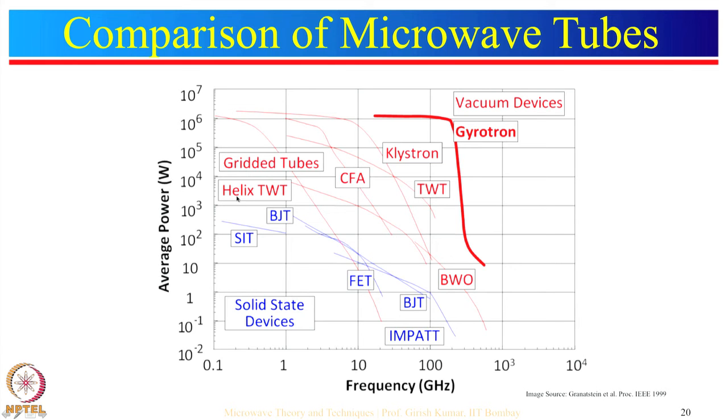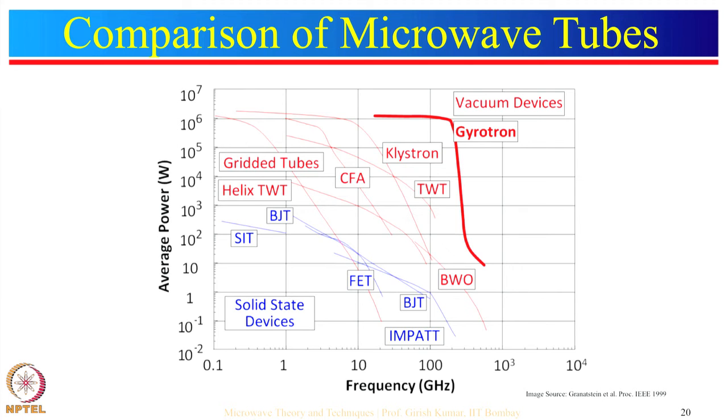So as we discussed, helix travelling wave tubes can work from below microwave frequencies to about hundreds of gigahertz, and this can provide output powers from few kilowatt to few watts, and as the frequency increases, the power provided by these microwave tubes decreases.